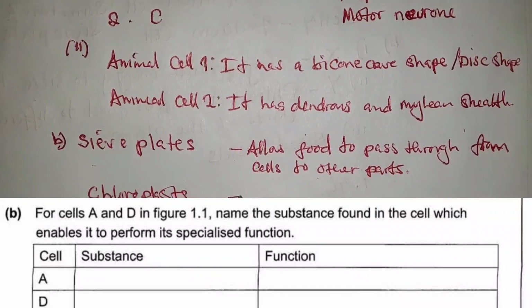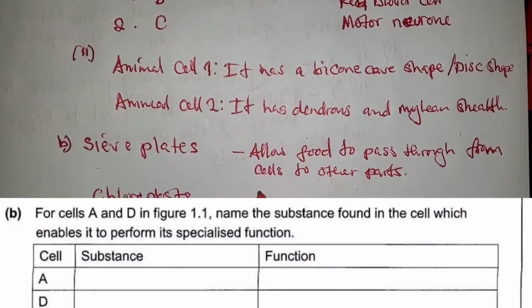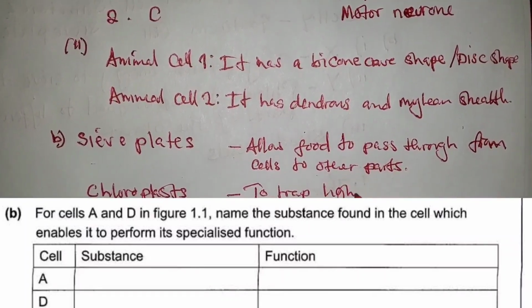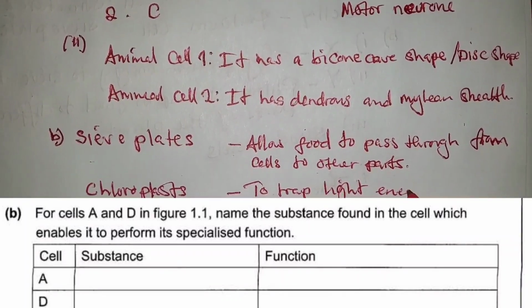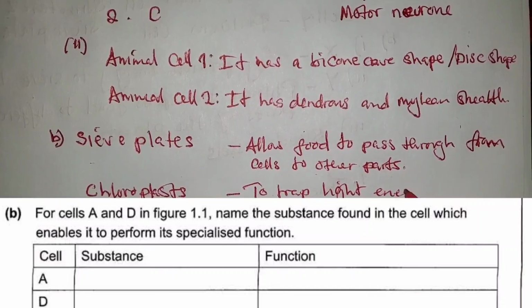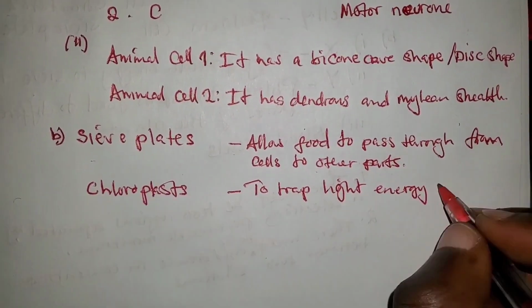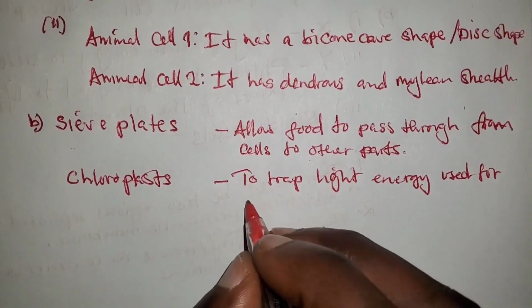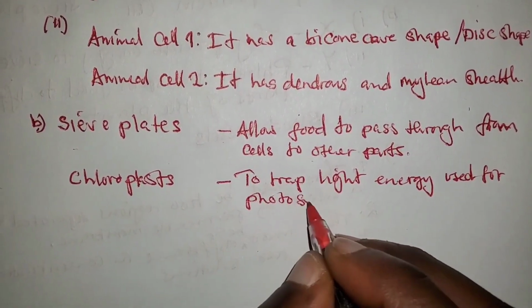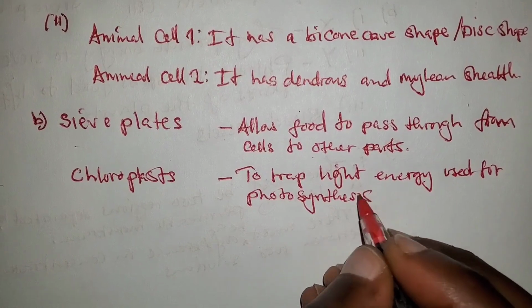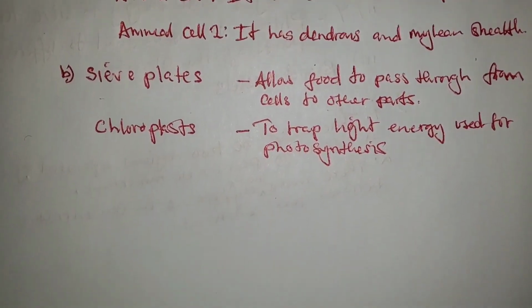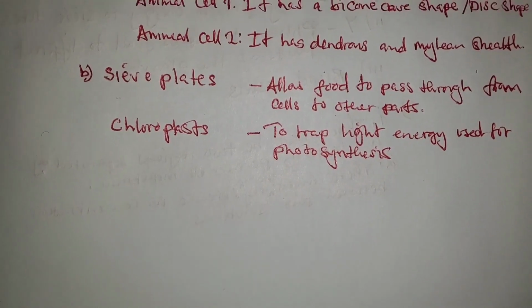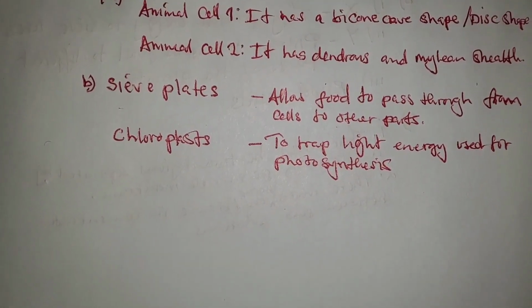The chloroplast contains chlorophyll, which traps light energy used for photosynthesis.